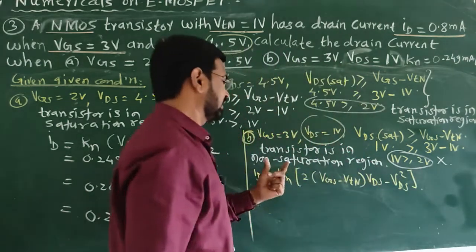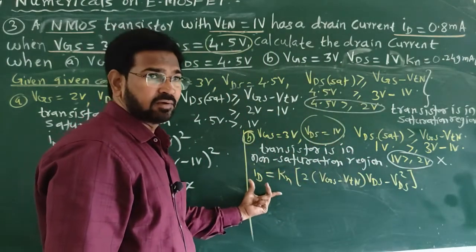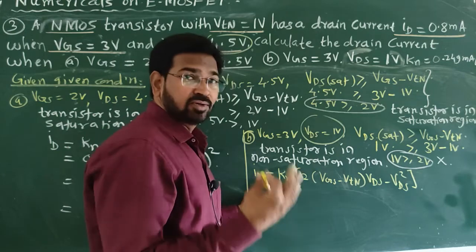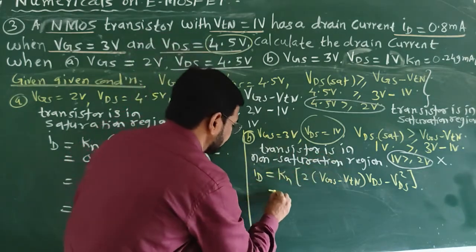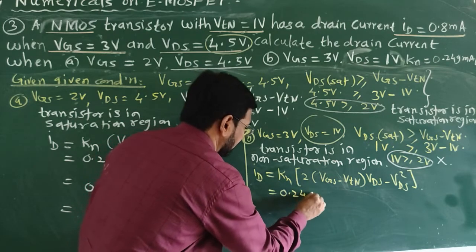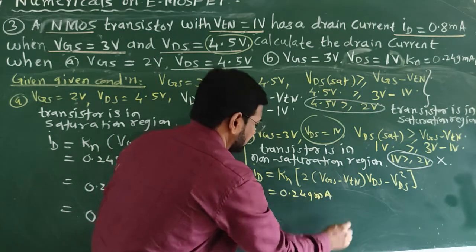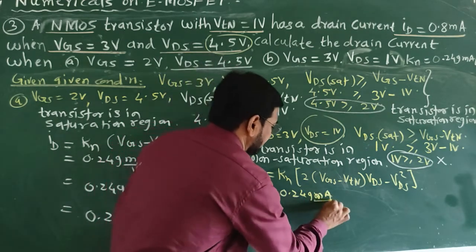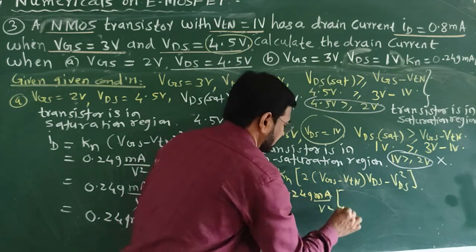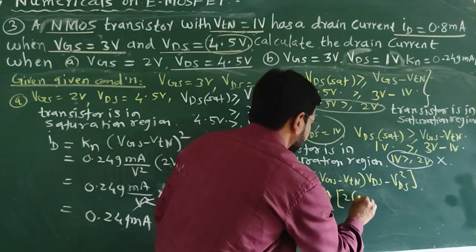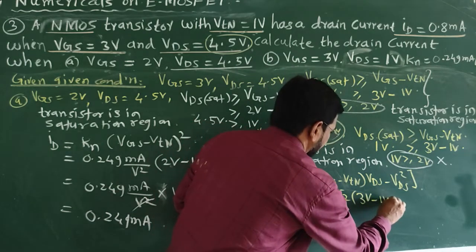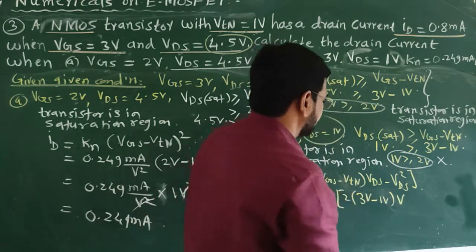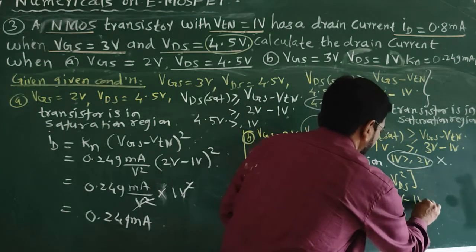So, by substituting these values, Kn is 0.249 milliampere per volt square, times 2 times (3 volt minus 1 volt) into VDS, 1 volt, minus 1 volt square.